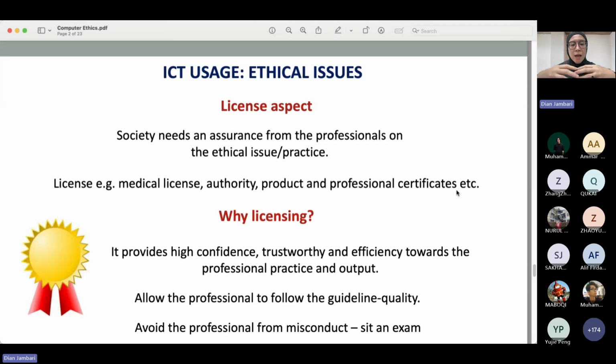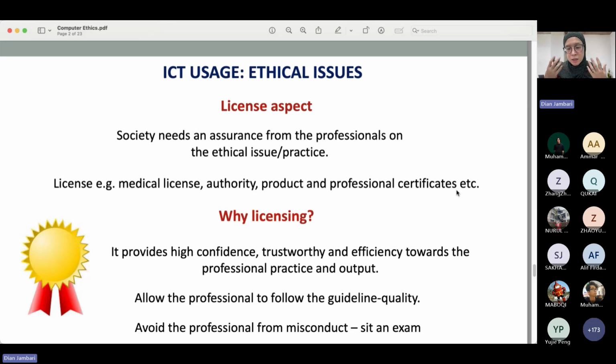So what is license actually? License is needed because it gives the assurance to society, to the community, to people, assurance from professionals that the practice that the professionals have done is ethical. So it does not cause harm. It is good for the society.